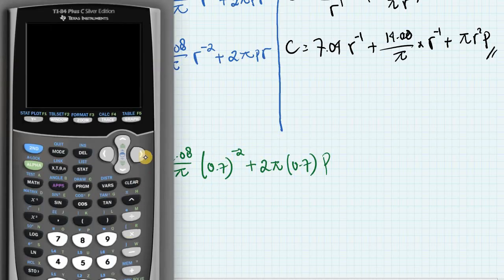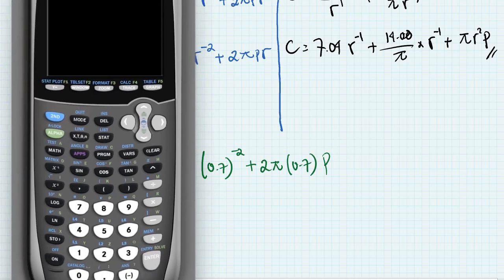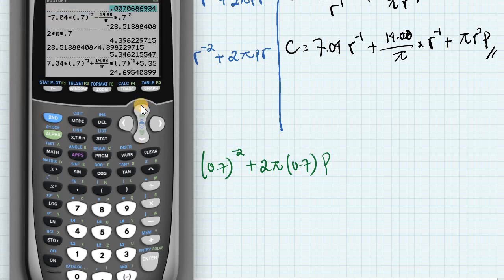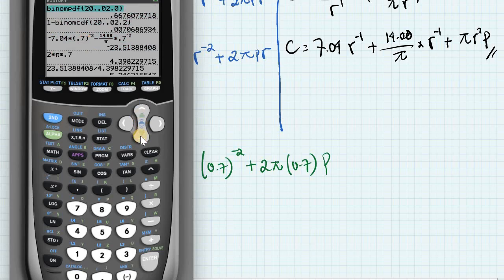I already calculated that on my calculator because it's quite a long calculation and typing it is slow. Okay, we have negative 23.51388.